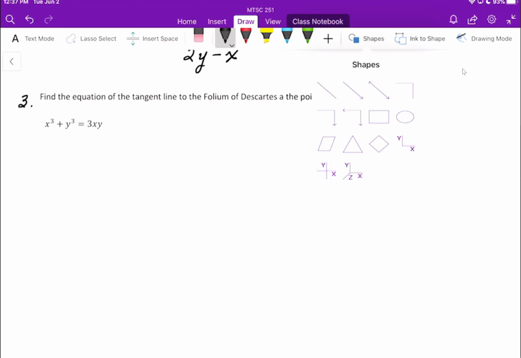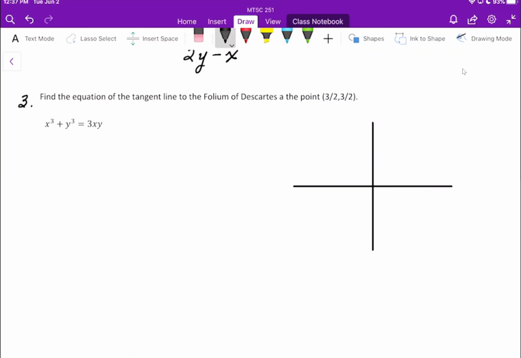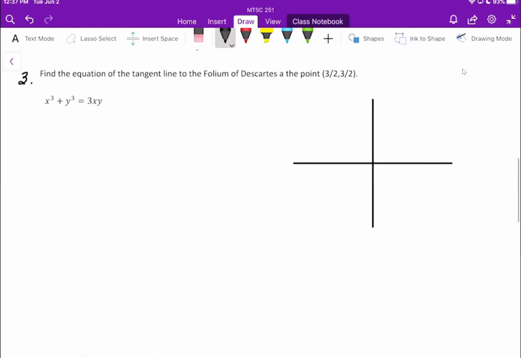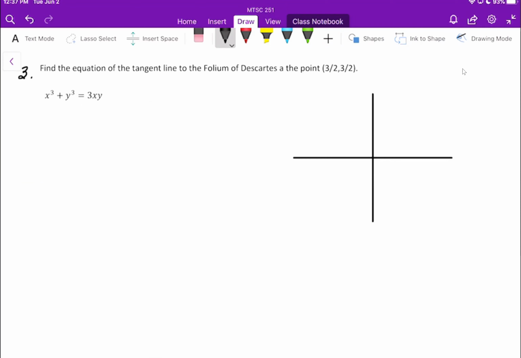And this particular function has an asymptote, and this function is as such.